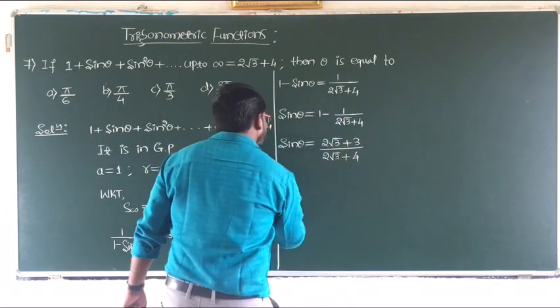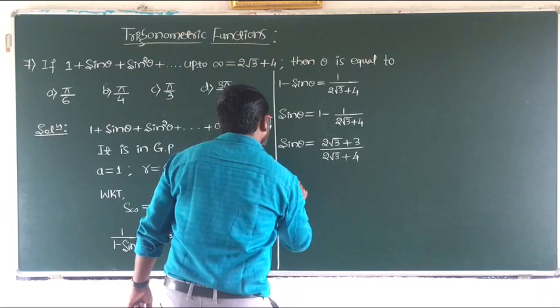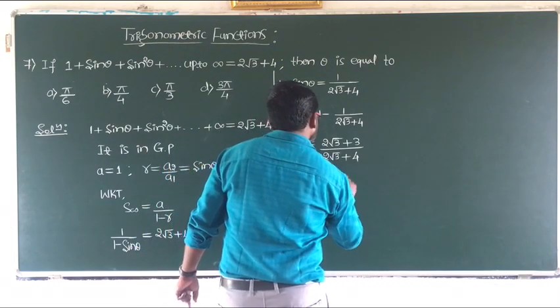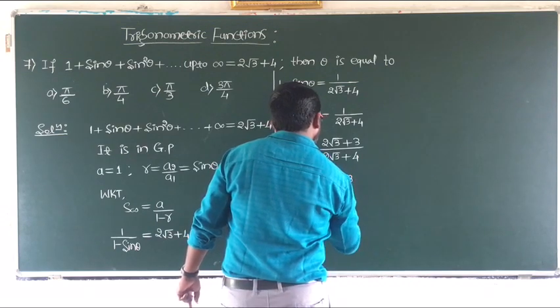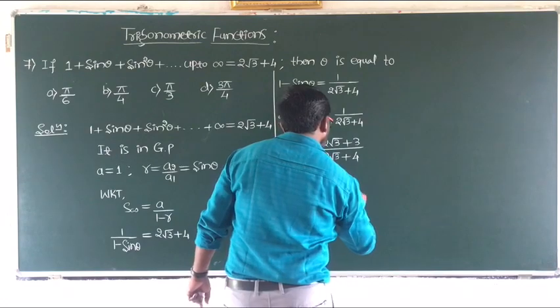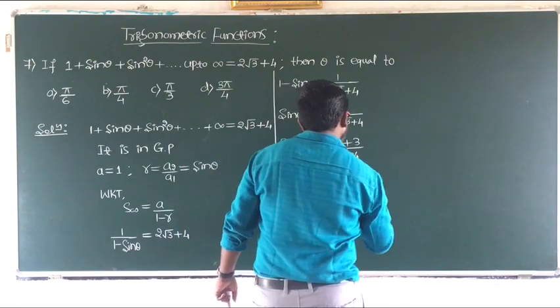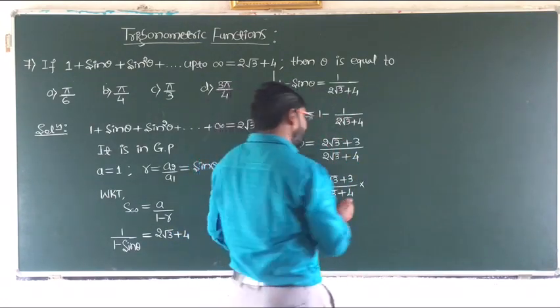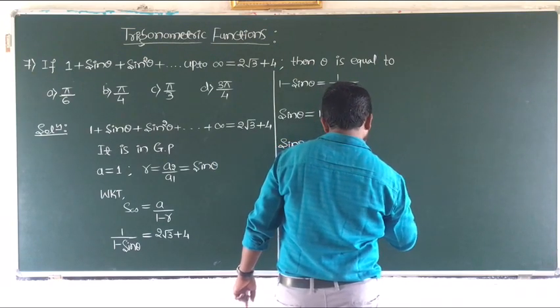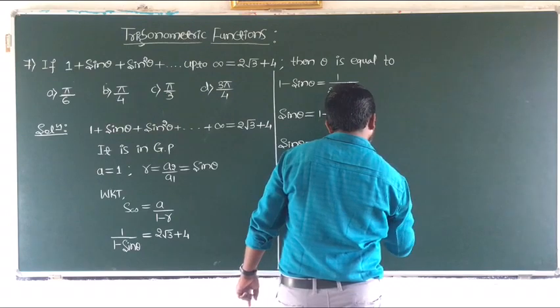So we have to go for the rationalization. Sin theta is equal to 2 root 3 plus 3 divided by 2 root 3 plus 4, then multiply and divide by the opposite sign of the denominator, that is 2 root 3 minus 4, divided by 2 root 3 minus 4.